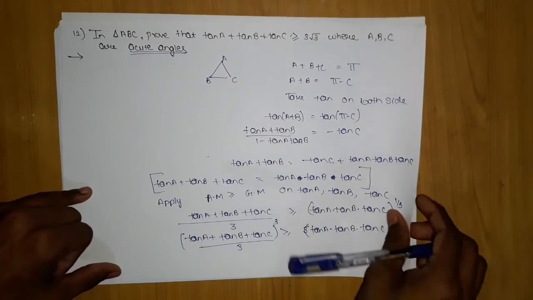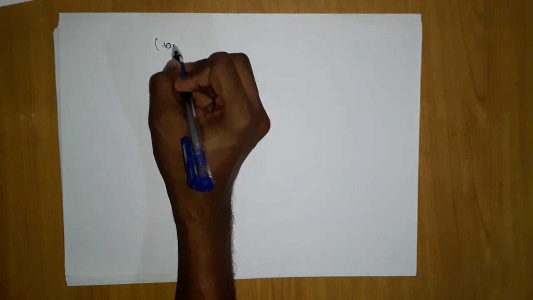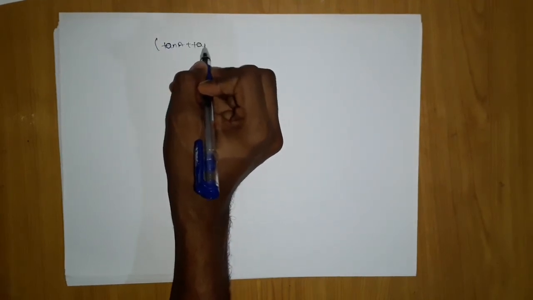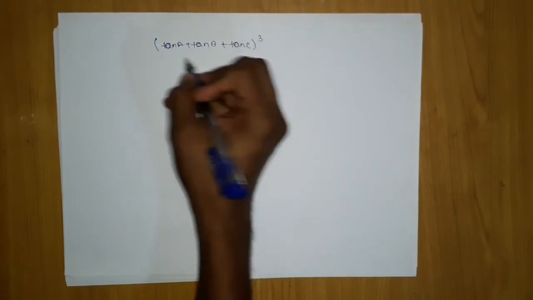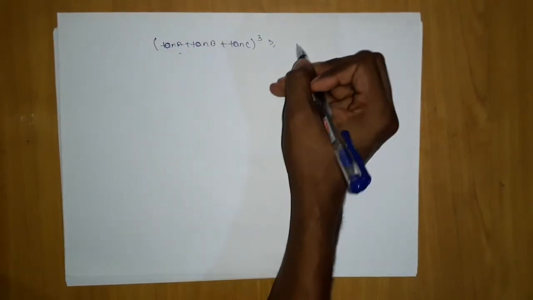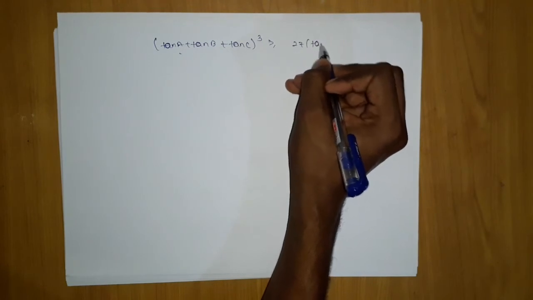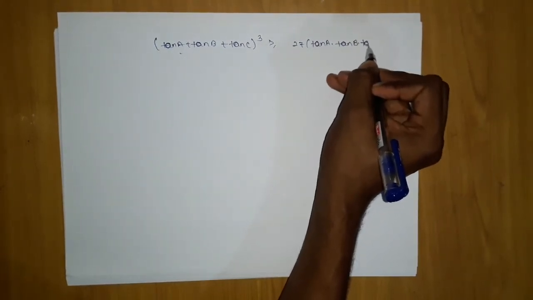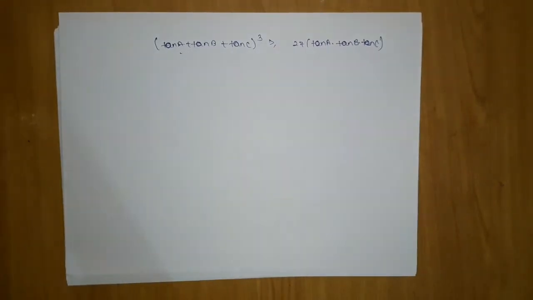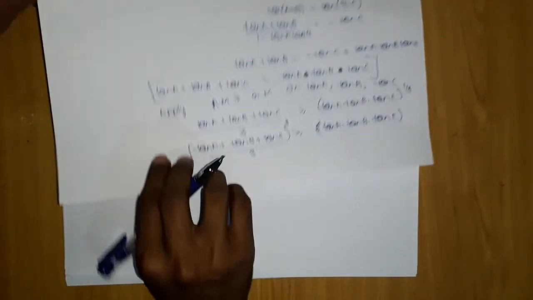Okay, now let's move on to the next page. In the next page, this is very obvious, this will be (tan A plus tan B plus tan C) to the power 3, and this will be 27, which will move here, which will become 27 tan A tan B tan C. Now you remember this thing which we derived.